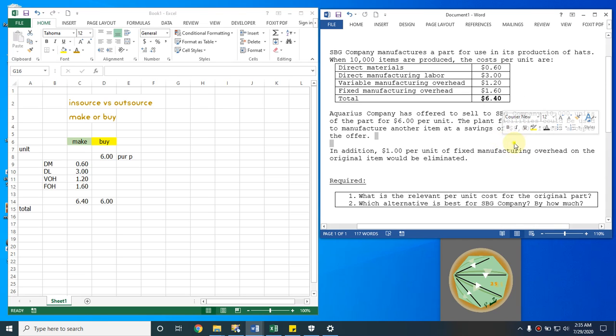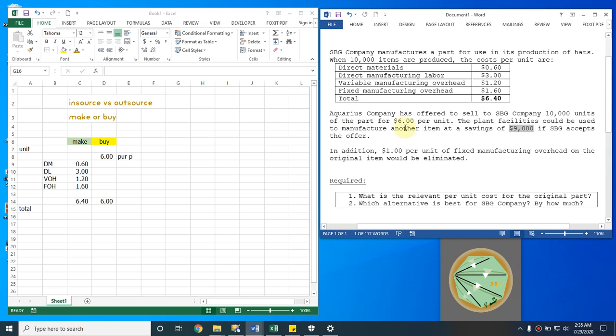If that would be the case, that would have been 9 million in total, but that is not. This 9,000 is already total in amount. So if the buy option is taken, again as stated, the plant facilities could be used to manufacture another item, not this one, and that would result into a savings of 9,000.